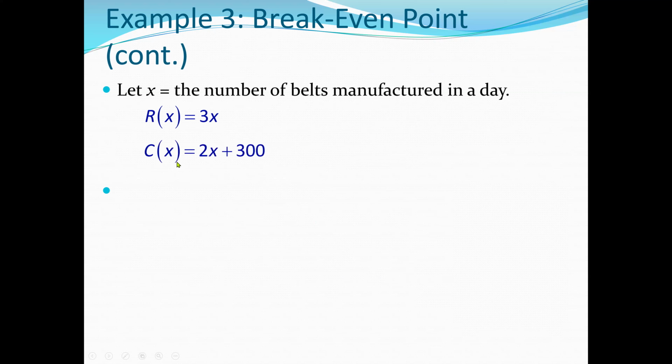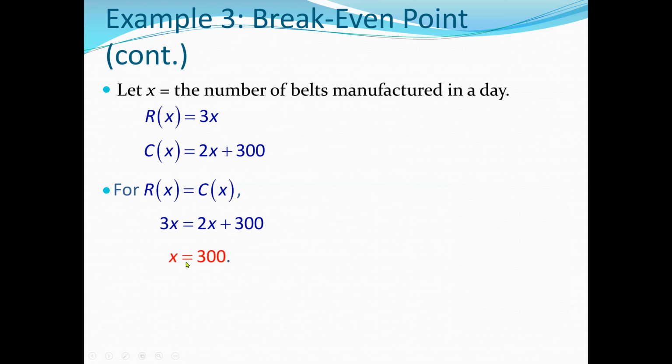And the total cost, remember, is 2 per bed, so 2x, plus the fixed cost 300. Break-even point means the revenue generated equals the total cost. So 3x equals 2x plus 300, and here we are looking for the value of x.